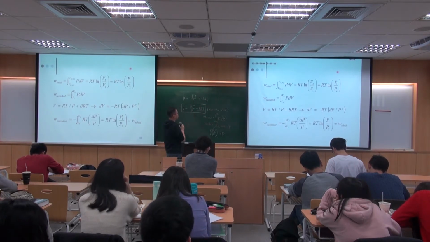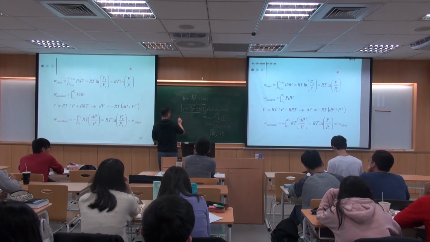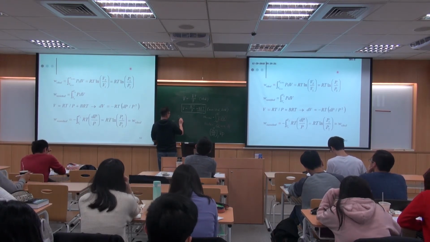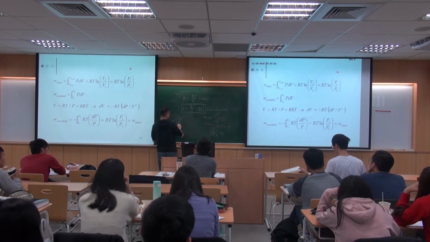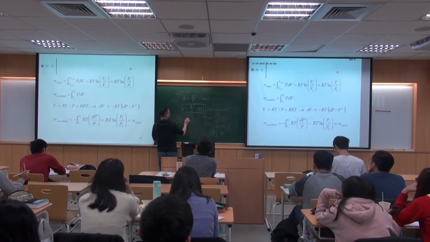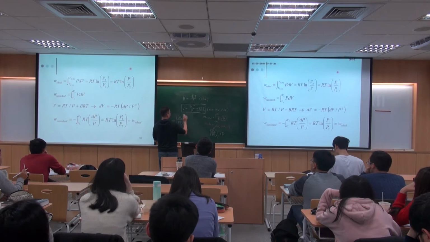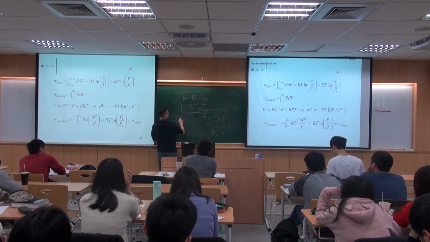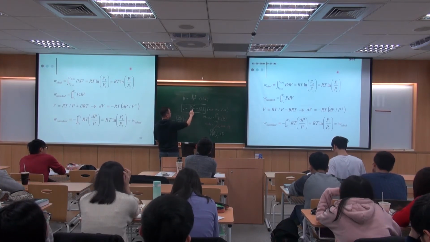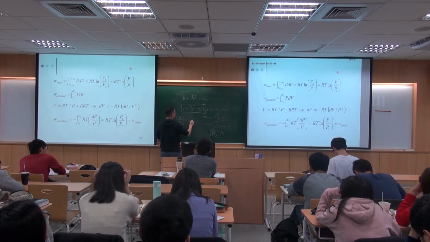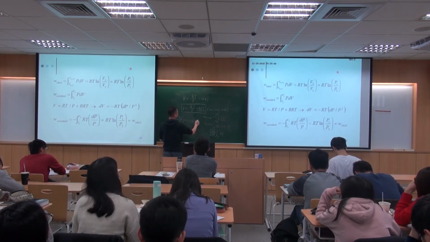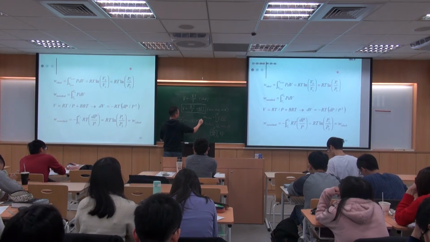So under constant temperature, we don't have to worry about this term, and we don't need to worry about this part. So partial V, partial P. So this is P minus 1, so we have minus 1 here, and then P minus 2.